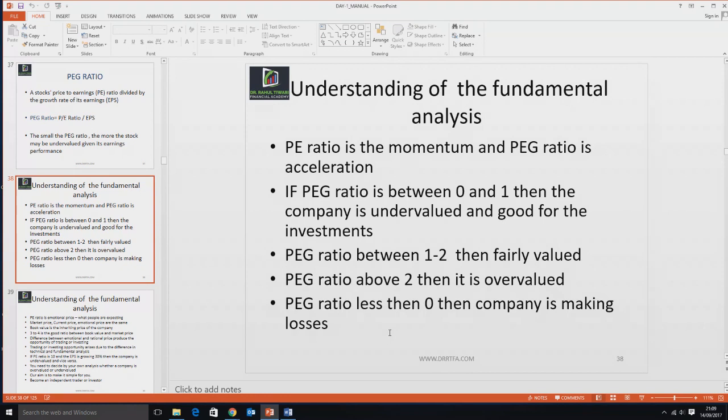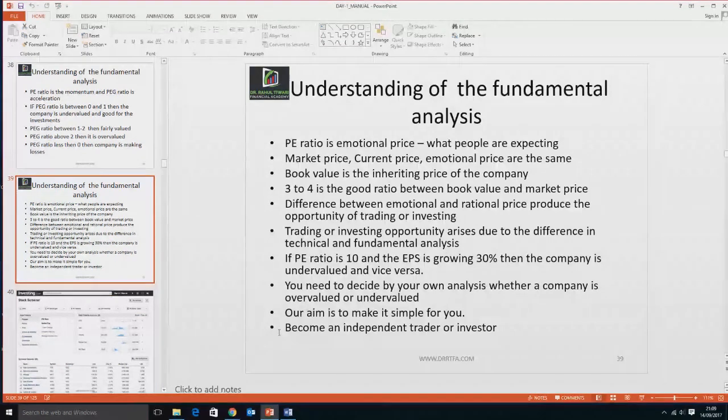And if the PEG ratio is less than 0, then essentially the company is making losses. So the PE ratio is the emotional price, what people are expecting that company to deliver. And EPS is the rational price, the actual performance of that company.